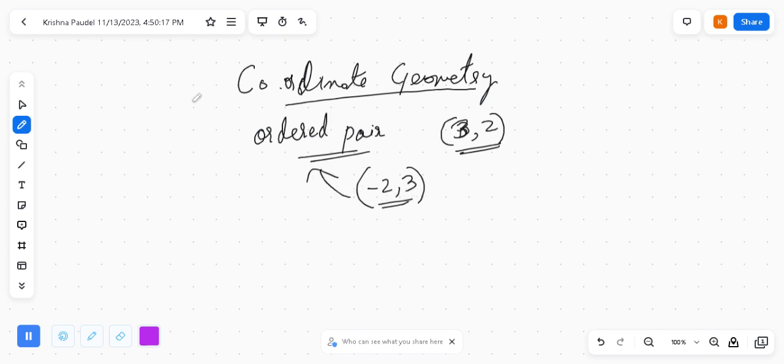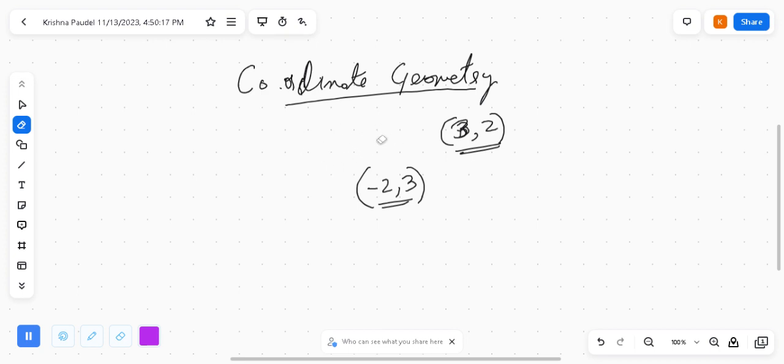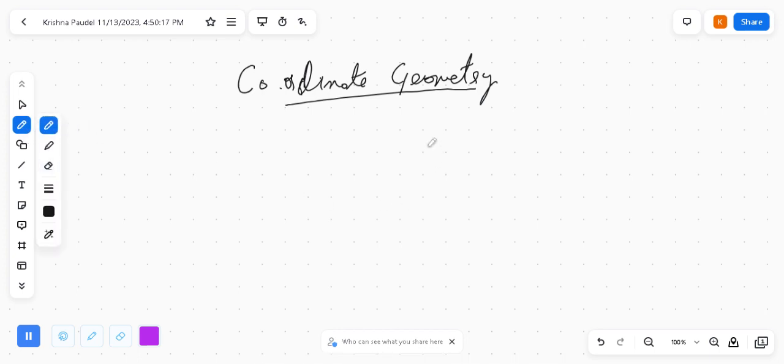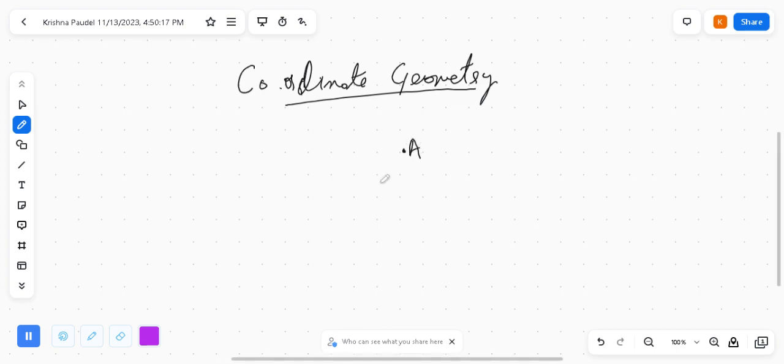Now, why do we use this ordered pair in coordinate geometry? Let's see first. Suppose I want to know the position of a point in a plane, let's say this point A on this whiteboard.